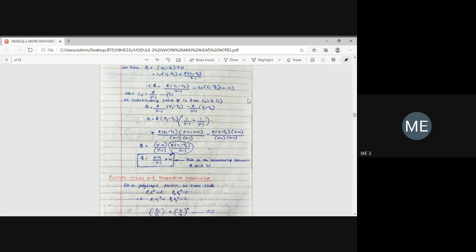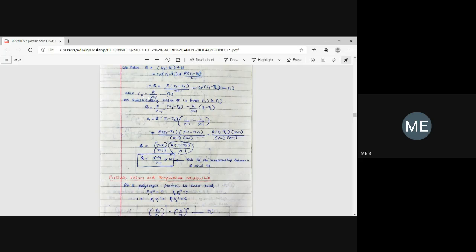Cp by Cv minus Cv by Cv equals to R by Cv. Okay. Cp by Cv minus of Cv by Cv is nothing but 1 equals to R divided by Cv. Okay. Cp by Cv is nothing but gamma minus 1 equals to R divided by Cv. So from that one, we are getting Cv equals to R divided by gamma minus 1.